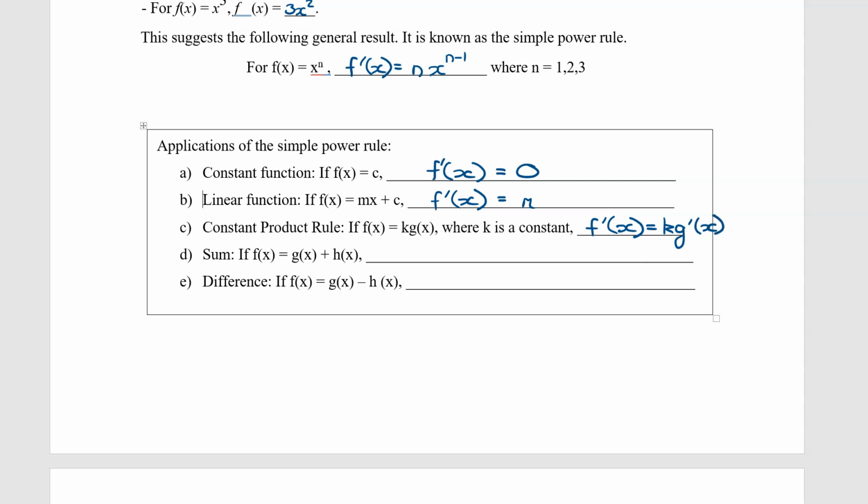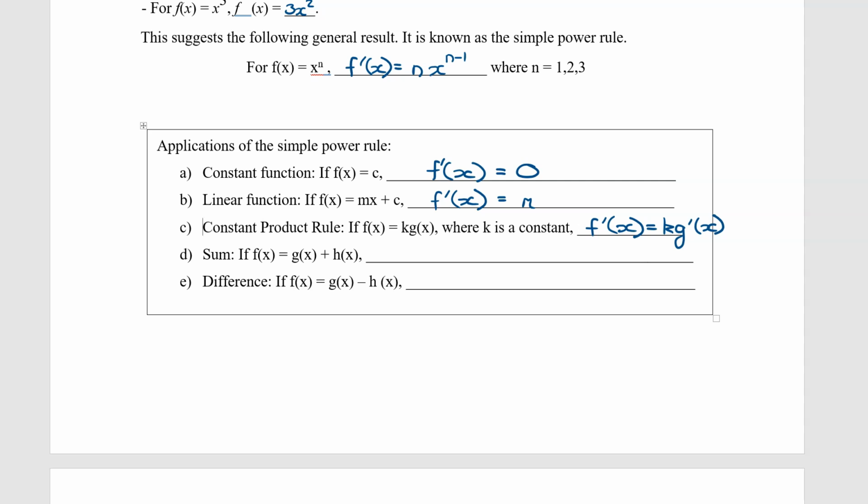Think about it: f of x is a function dependent on x itself, k is a constant, and g of x is a function similar to f of x. The only difference between f of x and g of x is that f of x has a dilation of k. So the derivative of f of x is simply k times the derivative of g of x.